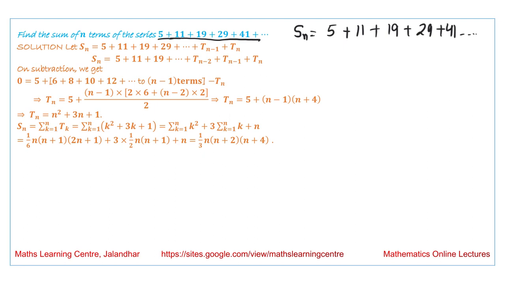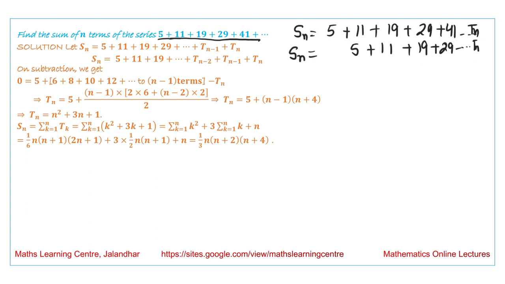Now we again write Sn equal to 5 plus 11 plus 19 plus 29 and so on, up to the last term Tn.